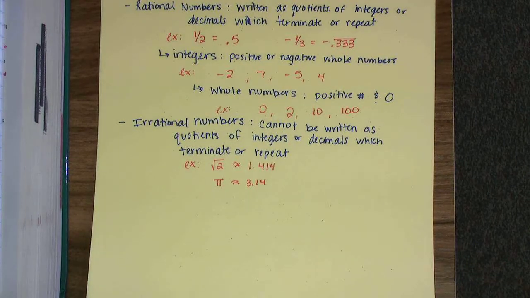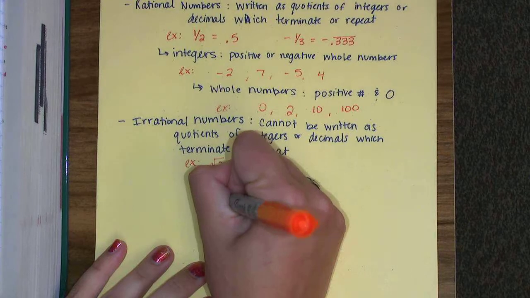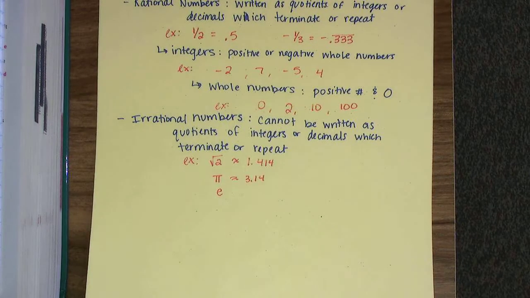And there's some other ones. Another one would be e, which is like 2.7, something like that. So those are examples of irrational numbers. And so we could graph all these numbers on a number line and approximate them and all of that, but if we decide to do that, that will be in class.